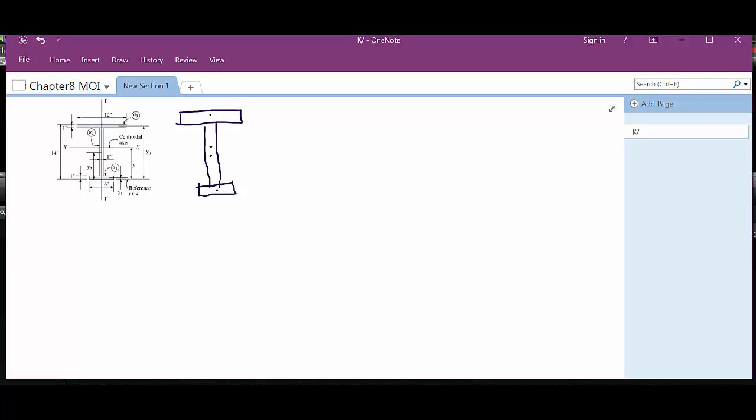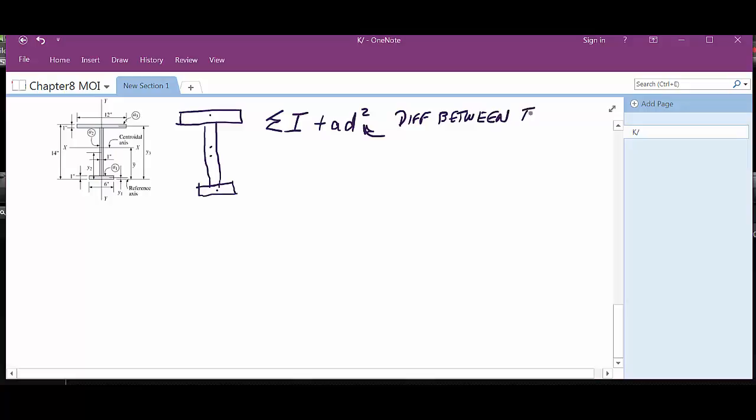But what that says is the moment of inertia is going to be the summation of the moment of inertia of each of the individual pieces plus the area times the distance squared, where this D is going to be the difference, if you will, between the center of gravity of each piece and the center of gravity of the composite.